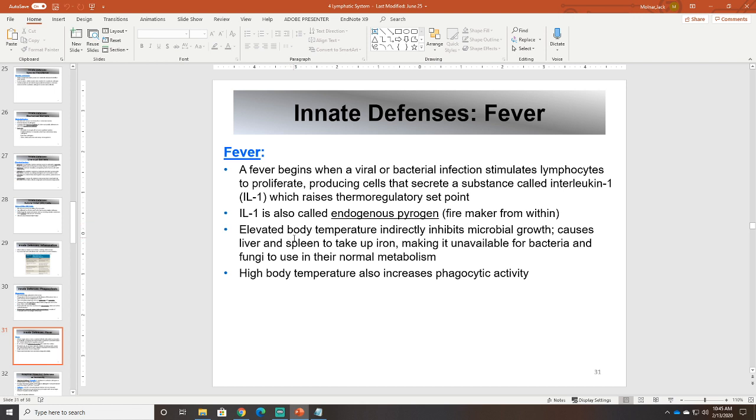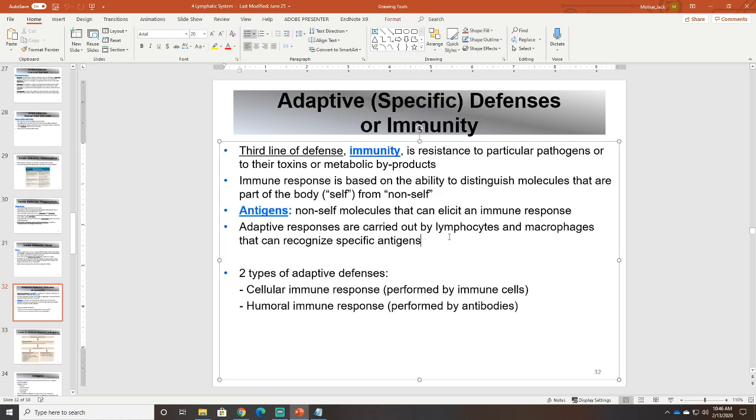Because new bacteria in your body need to divide and grow and multiply. And in order to do that, they need iron and other nutrients. And so if we take up all the iron out of the blood, that slows the rate at which bacteria can grow. All right. Good, good. And then the high body temperature also activates the phagocytes.